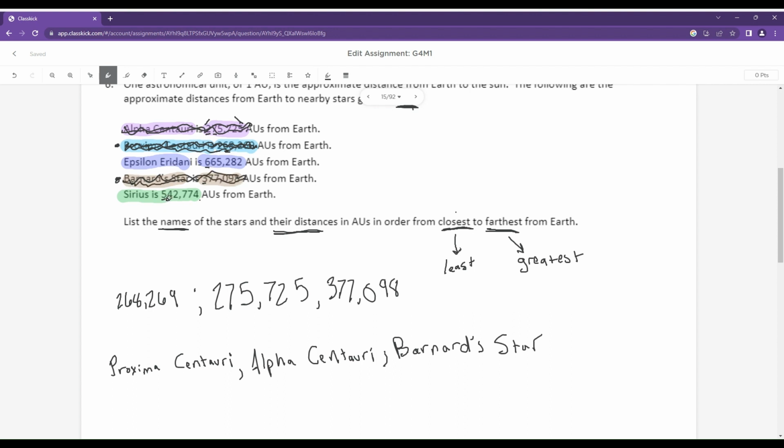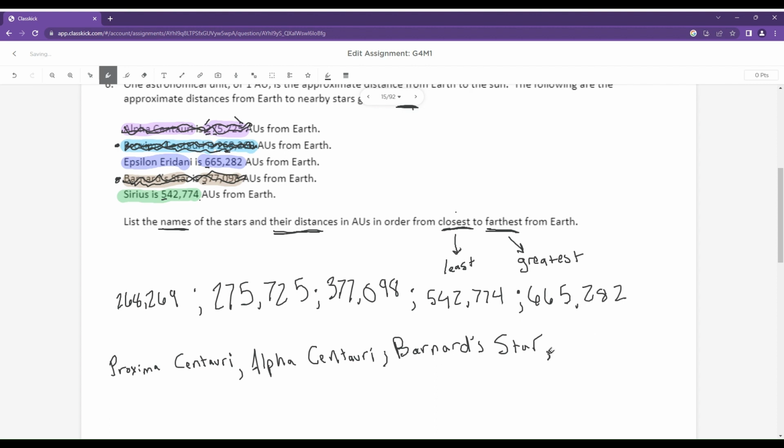And these last two I can look at pretty quickly and realize that a 5 in the 100,000s is going to be less than a 6 in the 100,000s. So I'm going to go ahead and place these last two numbers with 542,774 and 665,282.